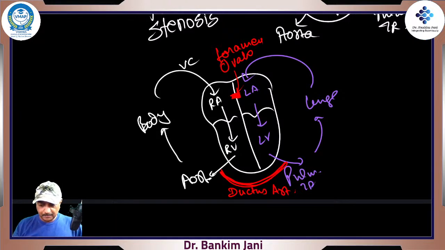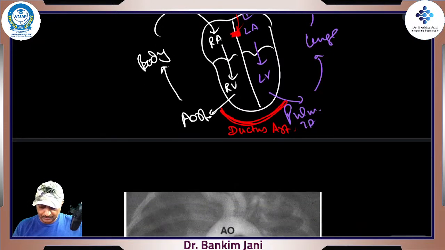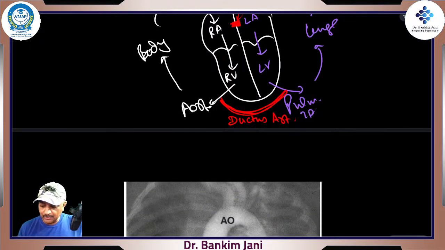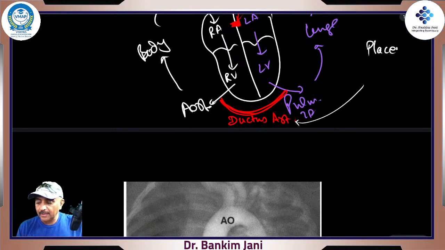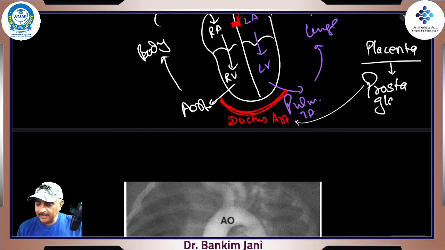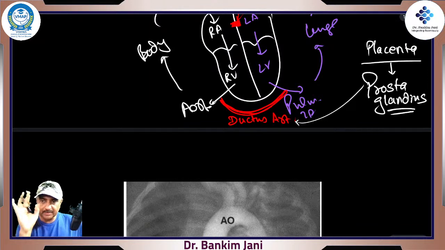So now you have to think from one very, very interesting perspective. Ductus arteriosus, why does it remain open? It remains open because of the placenta. Placenta releases prostaglandins, and in the presence of prostaglandins, this ductus arteriosus remains open.